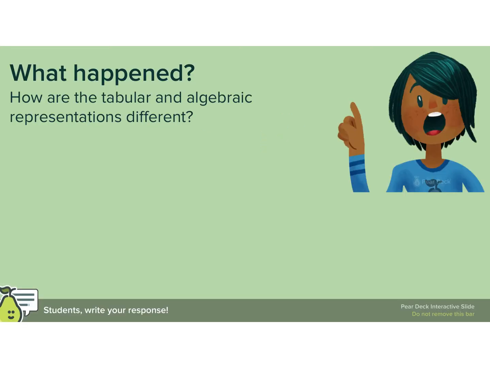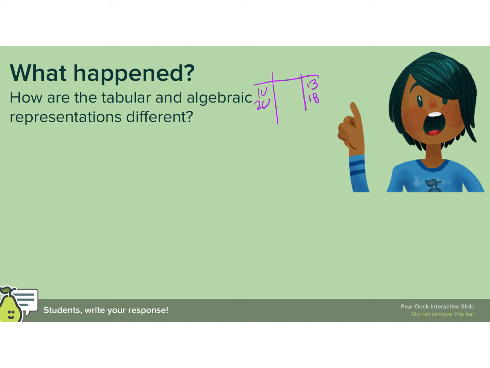Next part, they want to know, how is the table different from the algebraic representation? Meaning, what does the table show you versus what the equation will show you? So, by looking at our table, I'm not going to put the whole thing, but we had 10, 13, 20, 18, etc., right?